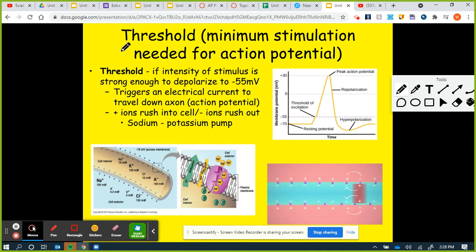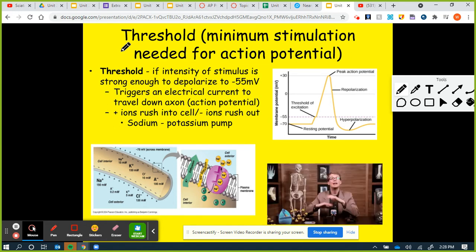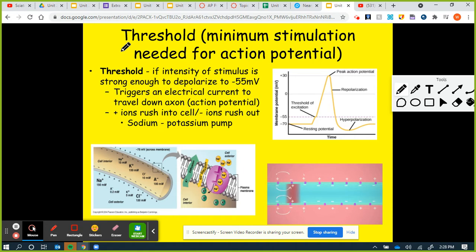The threshold is the minimum stimulation, the minimum amount of whatever it is, stimulus, chemical, for a neuron to fire. This threshold occurs once the depolarization has reached negative 55 millivolts.